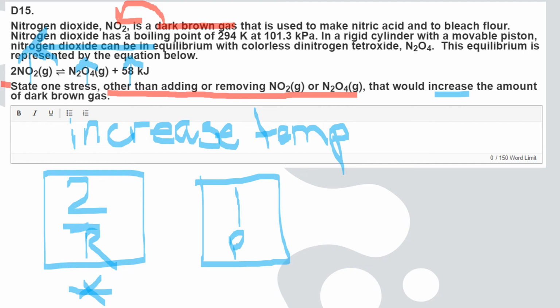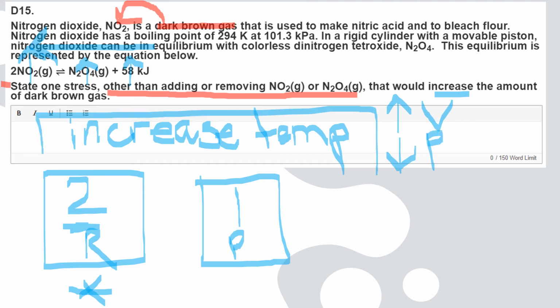Well, it's the bigger number, so I'd need to give it more space. So I could increase volume, which would mean I'd have to decrease pressure. So those are the answers. Temperature is probably the easiest answer. That requires you to do less stuff, but the other ones are correct.